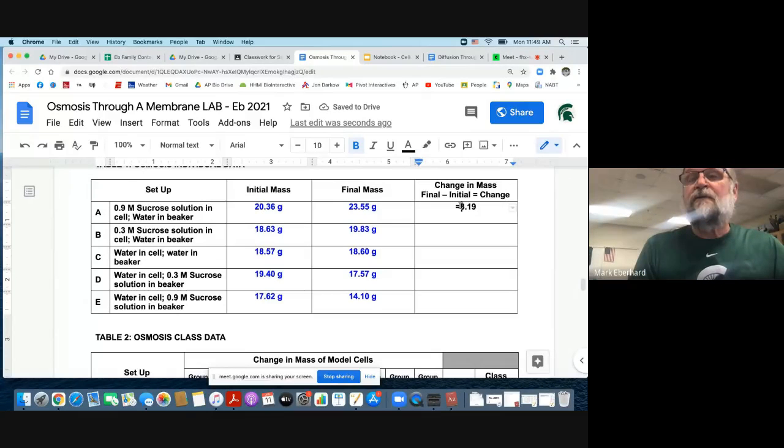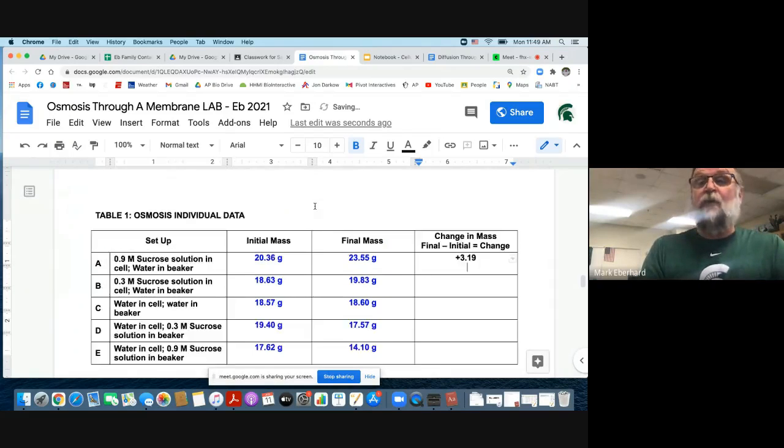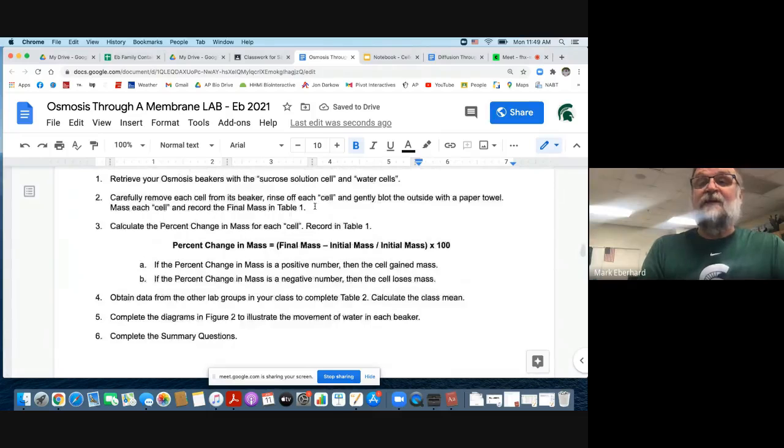Whoops. Positive. That's not the number I want. I want the percent change. So I'm going to take that number, 3.19, divide by the initial mass, and then multiply by 100.